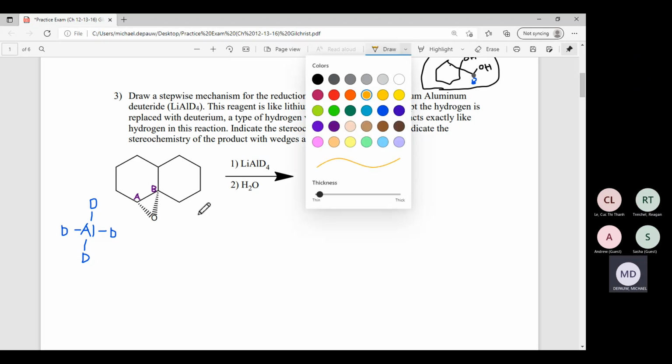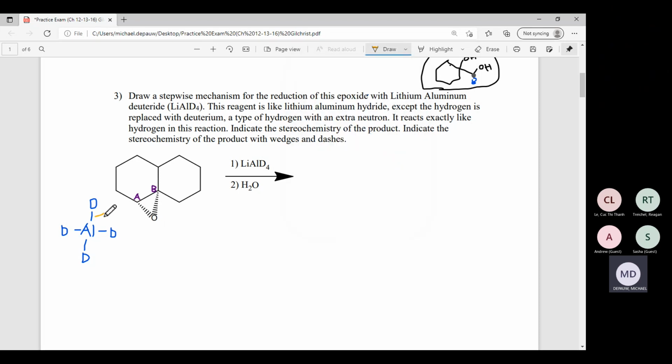A. Yeah, it's going to attack A. A is the less highly substituted side. So one of these pairs of electrons here is going to come and attack A, but it's going to attack from the opposite side because it's going to be kind of like an SN2 attack, right? So it's going to attack from the opposite side, and it's going to kick these electrons out to this oxygen.